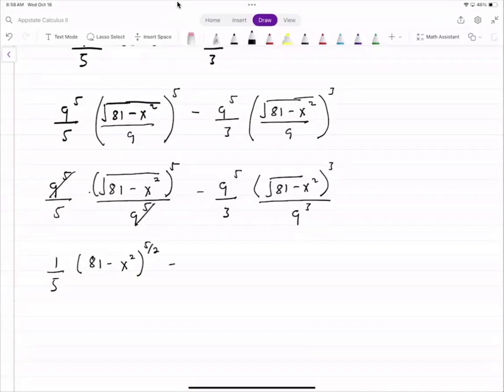And then minus this gives you 9 squared over 3, and then we have (81 minus x squared) to the 3 over 2. Let's see. Any questions?